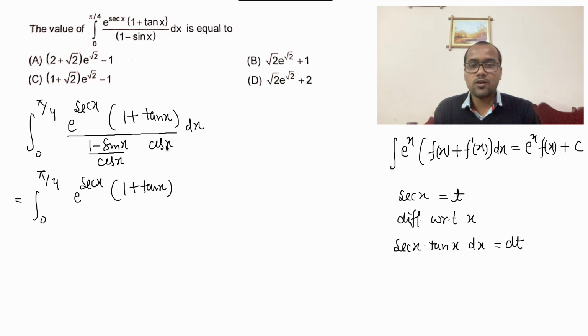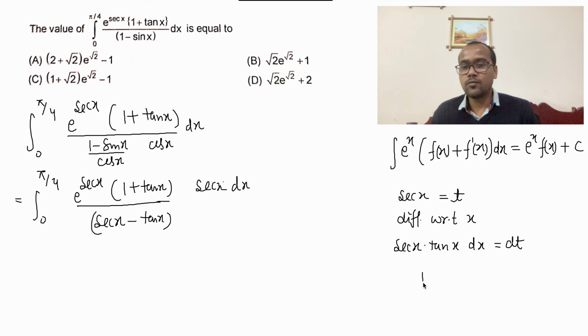This cos x will become sec x dx, and in the denominator if you separate, this is 1 upon cos x, which is sec x, minus sin x upon cos x, which is tan x. And one more thing we know, 1 upon (sec x minus tan x) is sec x plus tan x.